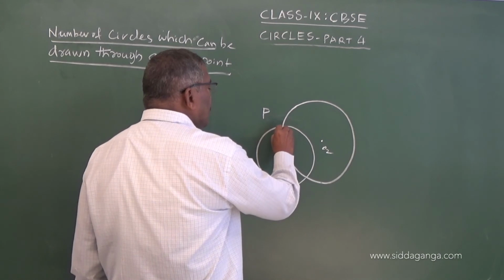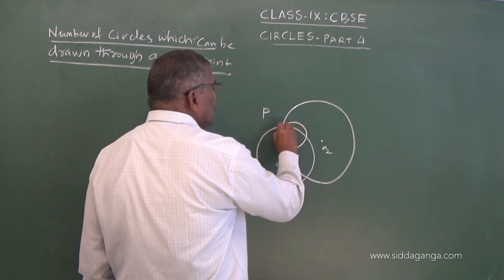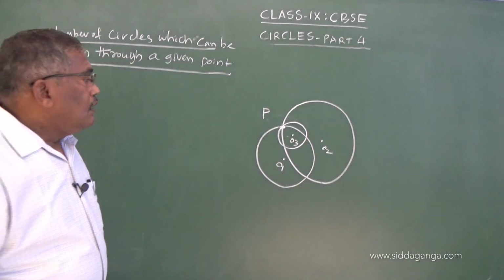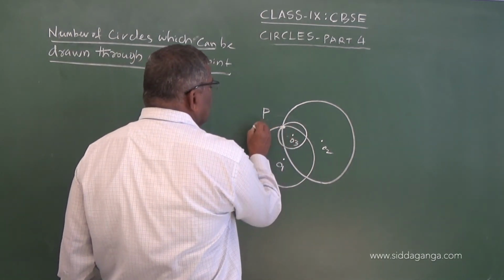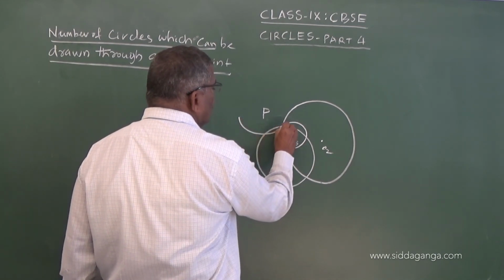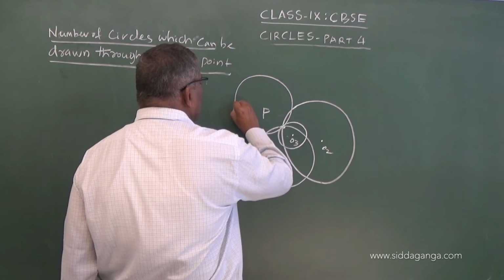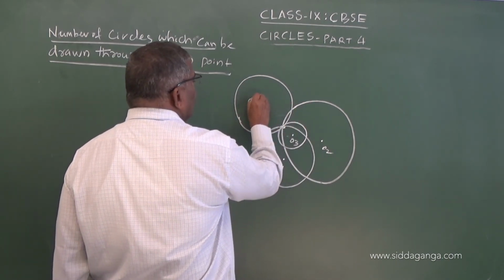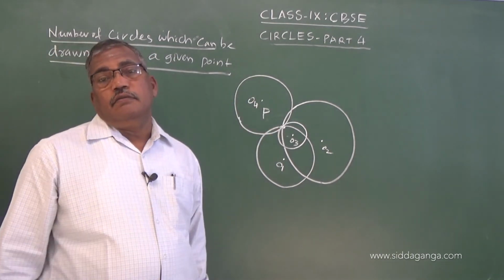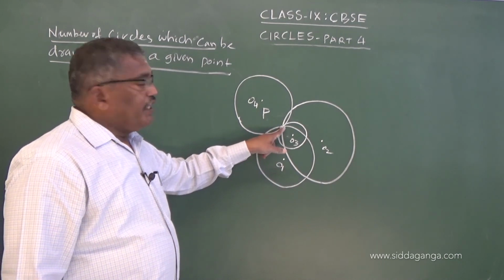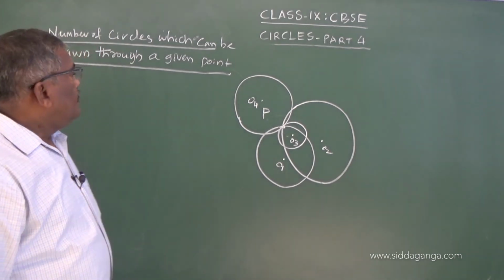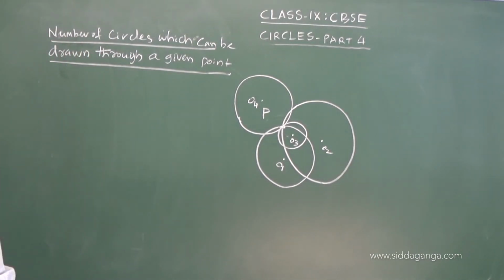Now, if I draw a small circle, it will be like this, it is O3. Not only like this, I can draw another circle this way, this is O4. I hope you understand this. So that means through a given point in a plane, any number of circles can be drawn. Only that is the conclusion.